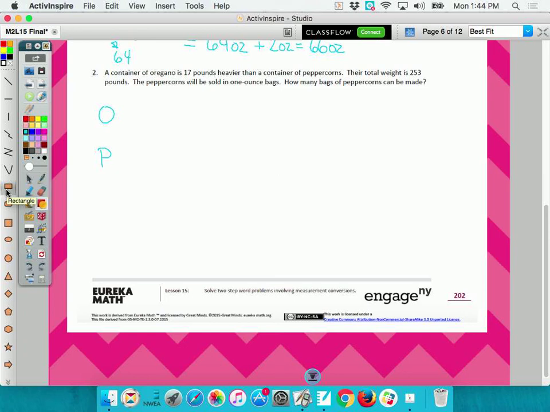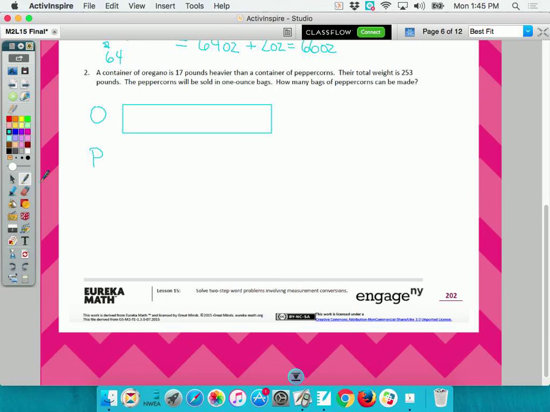Now, before you draw any tape diagrams, let's talk about which one we think is the biggest. A container of oregano is 17 pounds heavier than a container of peppercorns. Which one's bigger? Oregano. So make this tape diagram now, but don't do anything else.